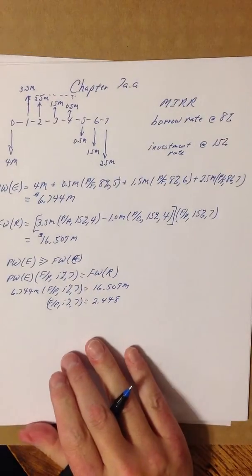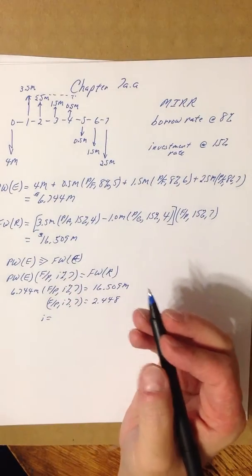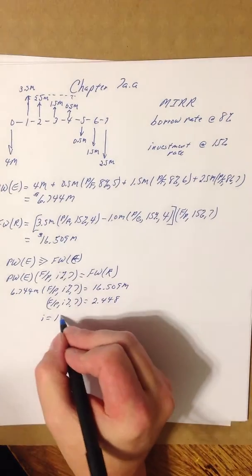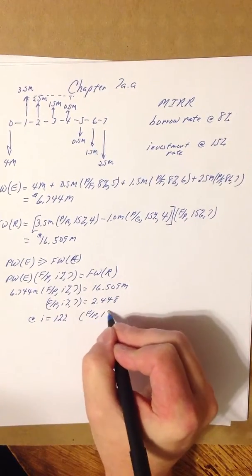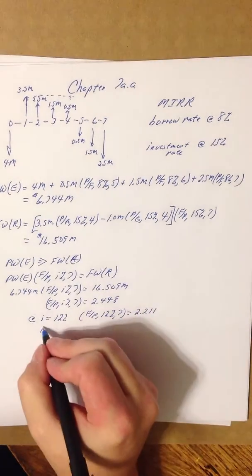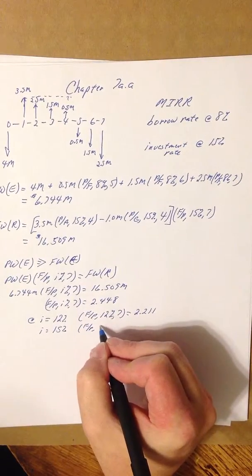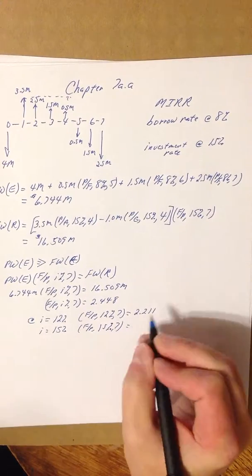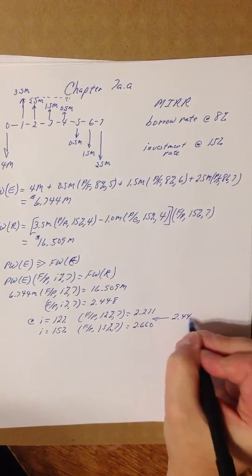We find then at that point that the I is equal to, let's say, if we take an I at 12%, we find that F/P, 12%, 7 is equal to 2.211, and we say an I of 15%, F/P, 15%, 7 is equal to 2.660, and we have framed our number.